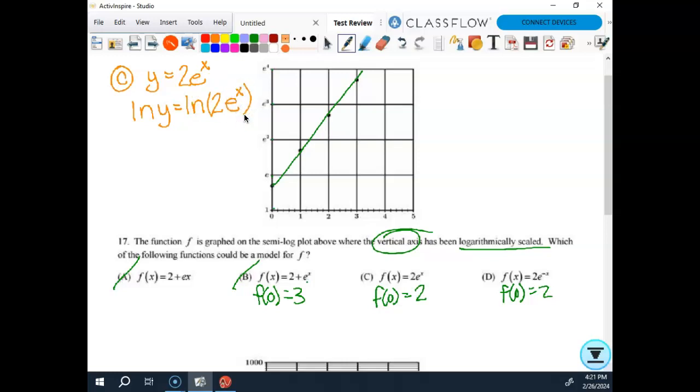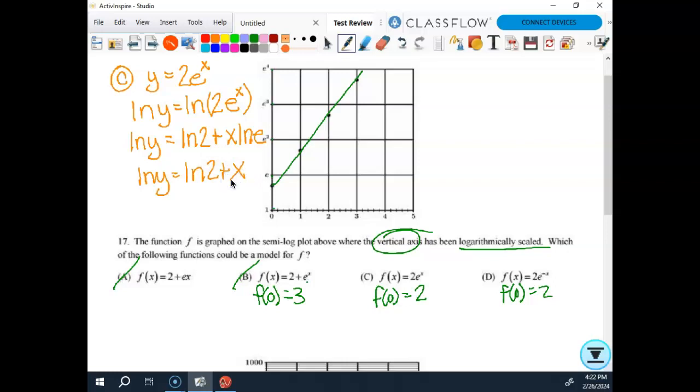So that means that the natural log of y is equal to the natural log of 2 plus x times the natural log of e. So that just gives me the natural log of y equals the natural log of 2 plus x.